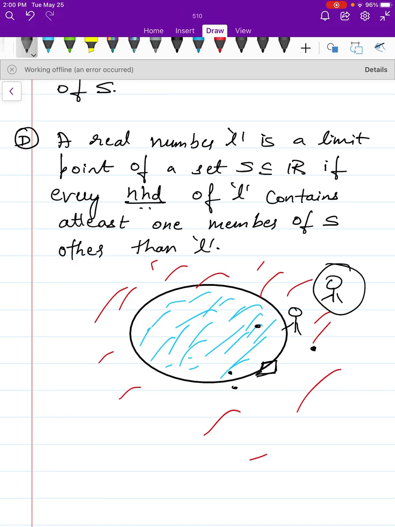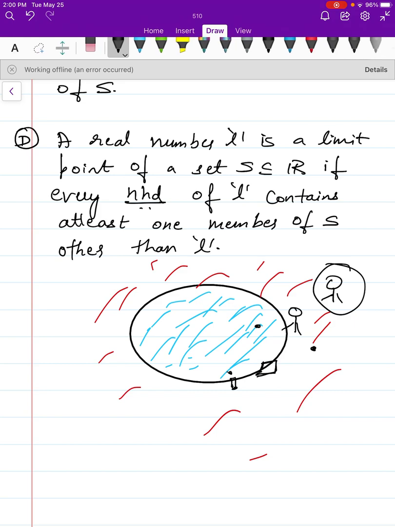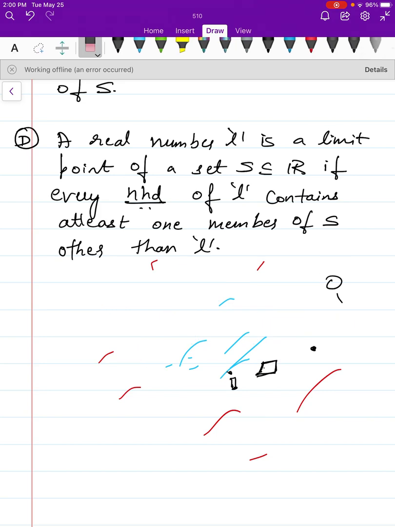So if a person is asked to get inside the lake, the whole foot should be inside the ellipse, not on the border, because some part will surely be on the land. That's why this black line is called a limit or a boundary, correct? So this is a vague explanation.